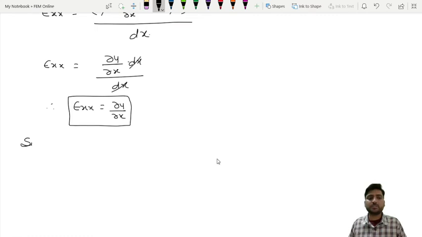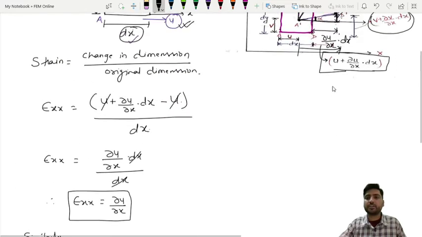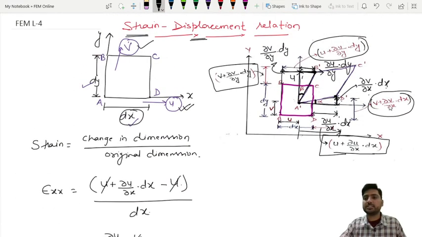Similarly, if we go for epsilon yy also, what will we get? See, for epsilon yy, it is v plus del v upon del y into dy, from here to here, minus this initial v.